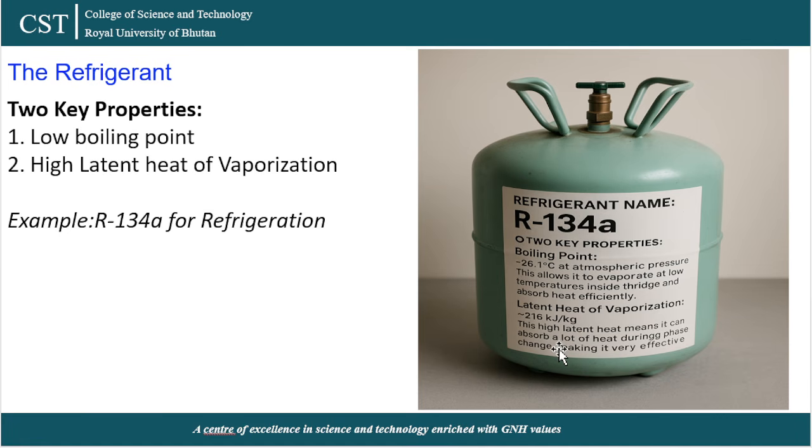For example, in this case, the latent heat of vaporization is 216 kilojoule per kg. So this means that it absorbs a lot of heat when it gets inside the fridge or inside the room through the piping system and dumps the heat outside. We are going to talk about all this a little bit later.